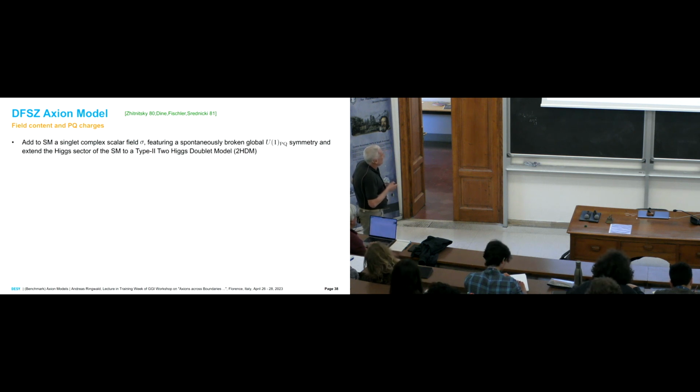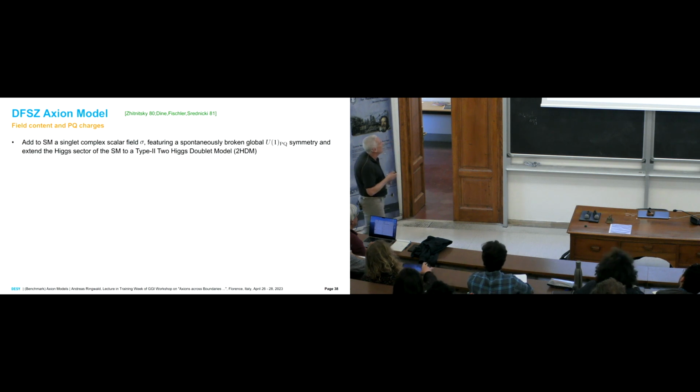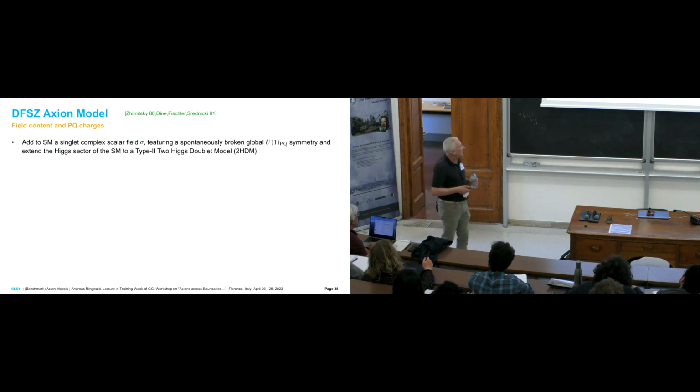So in this case, you just add this complex scalar field featuring this spontaneously broken U(1) Peccei-Quinn symmetry, but you extend the Higgs sector of the standard model. I now concentrate on a type 2 two-Higgs-doublet model.